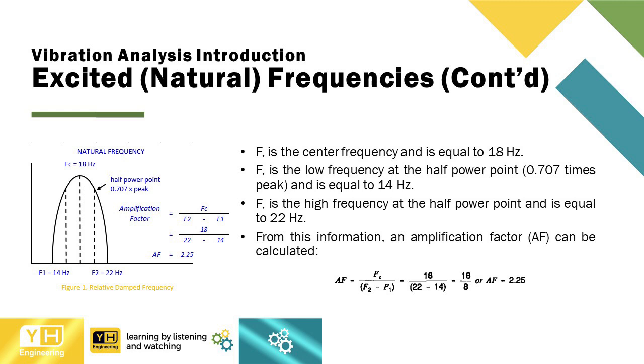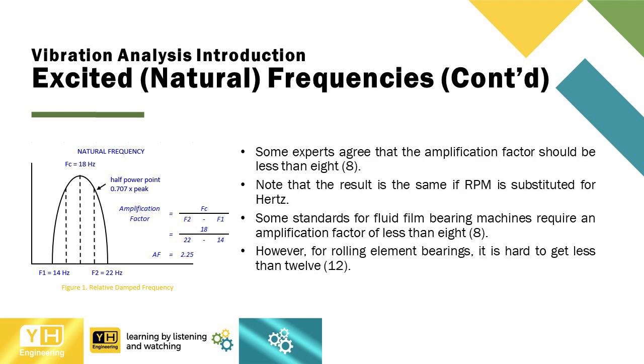From this information, an amplification factor, AF, can be calculated. Amplification factor equals center frequency divided by F2 minus F1, equals 18 divided by 22 minus 14, equals 18 divided by 8, or amplification factor equals 2.25.